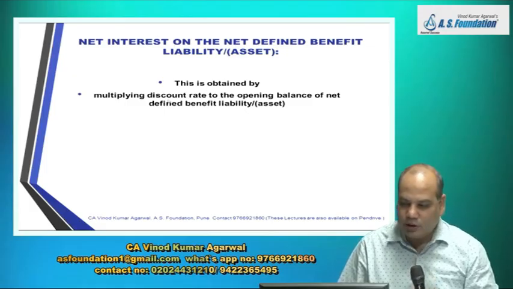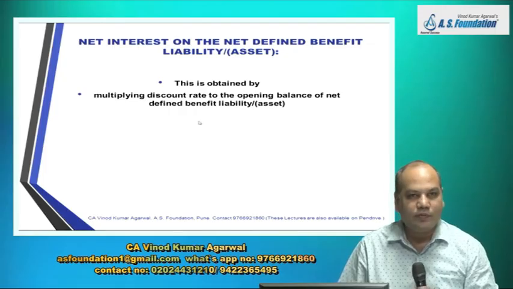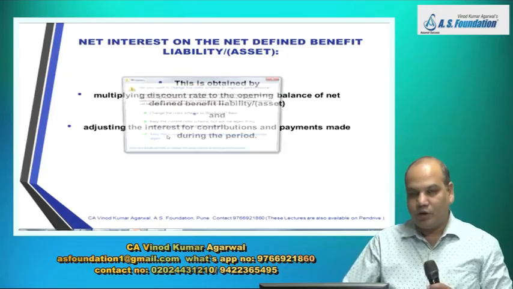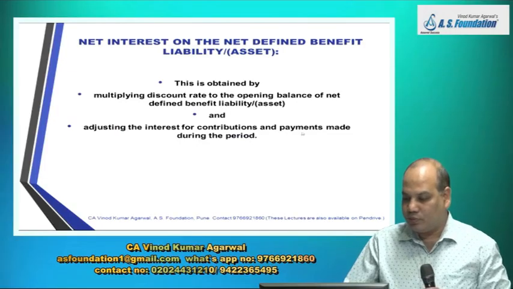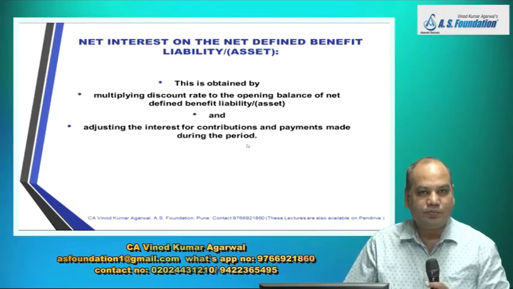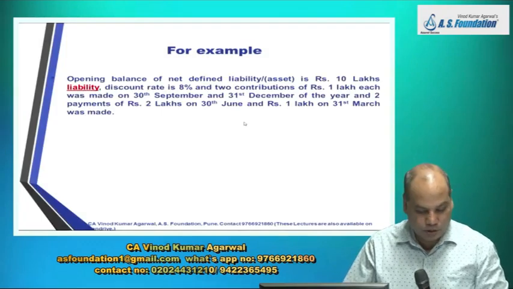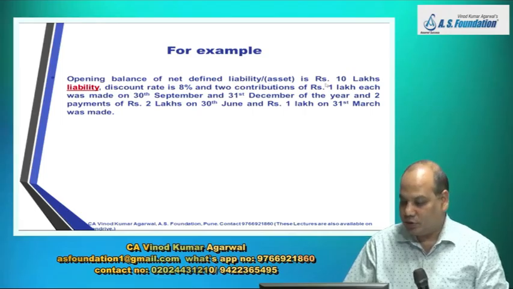How is it calculated? Very simple. Multiply the discount rate to the opening balance of net defined benefit liability or asset, and adjust the interest for contribution and payment made during the period. For example, solve this example. Opening balance of net defined liability or asset is rupees 10 lakh.